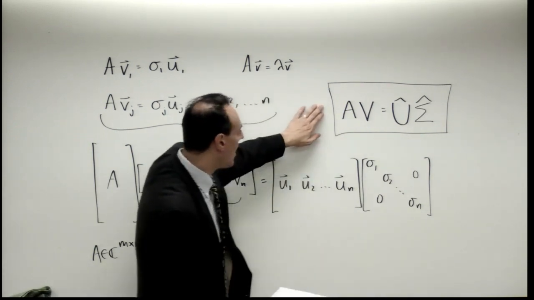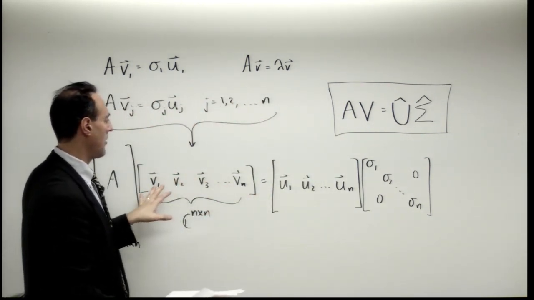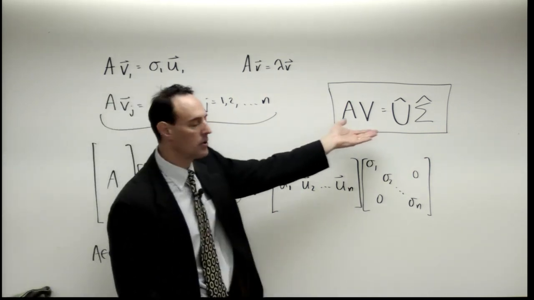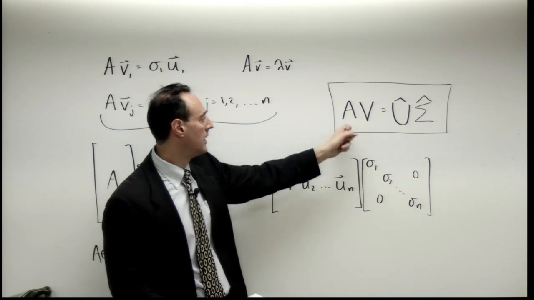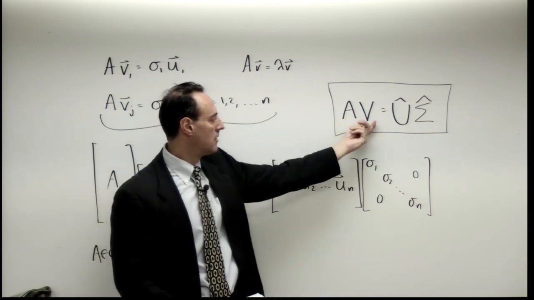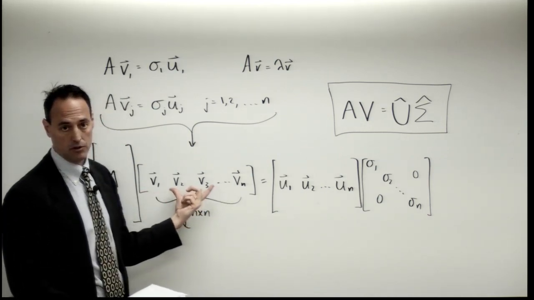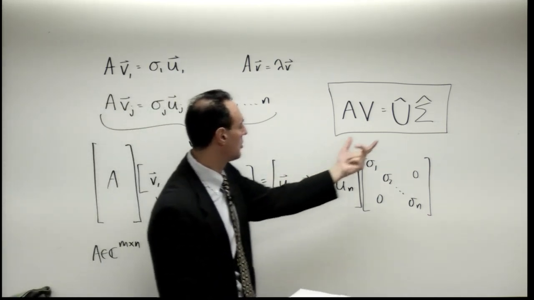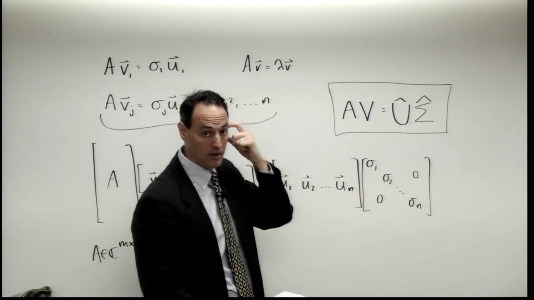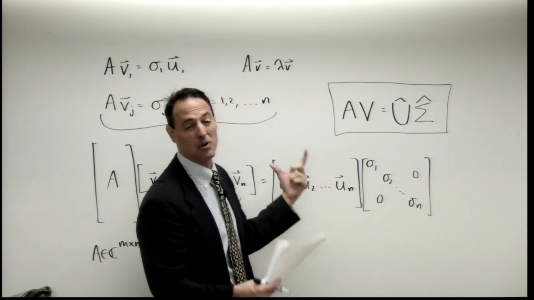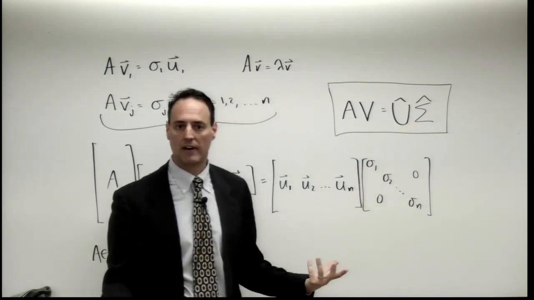All I've done is write this set of equations all together, in a shorthand matrix multiply way. The matrix A times V, where the columns of V are all the V vectors you had before, is equal to matrix U, which is all the new vectors in this hyperellipse space, times sigma, which are these singular values, the stretching factors.